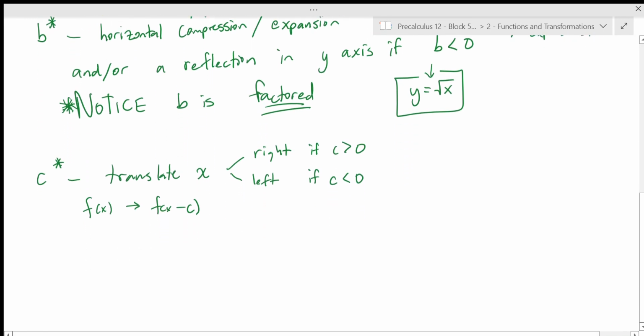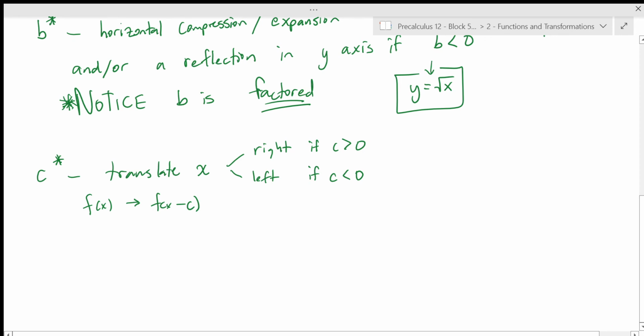So if you're subtracting a positive, you're going right. And if you're subtracting a negative or adding a positive, you're going left. And this again works like B, because it's acting on x, it works the opposite of the way you would think it would.